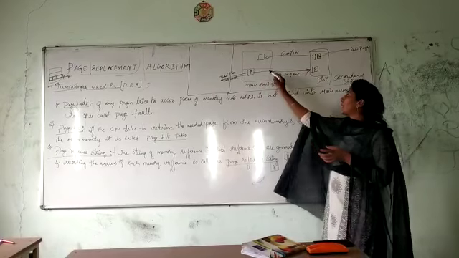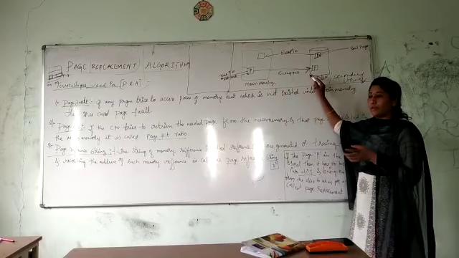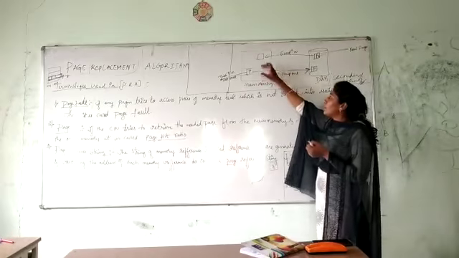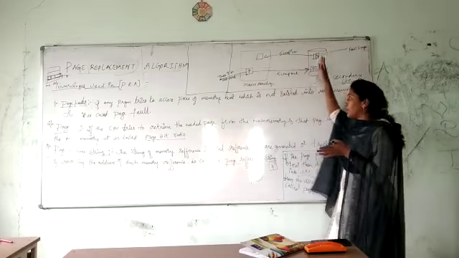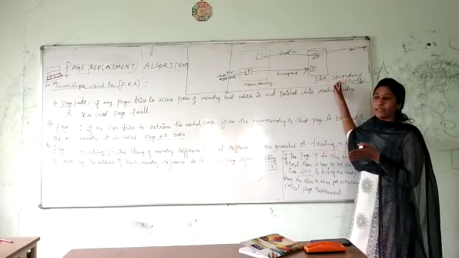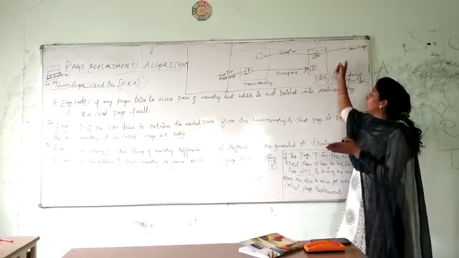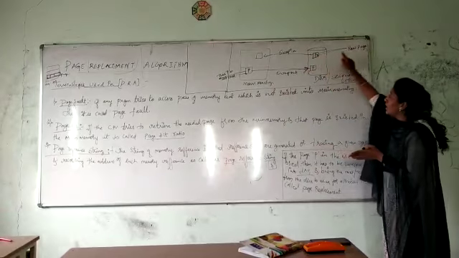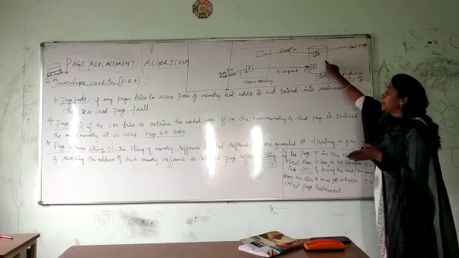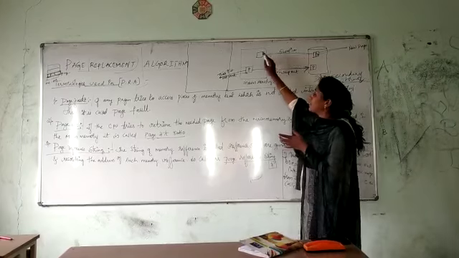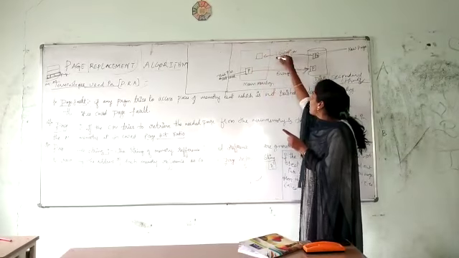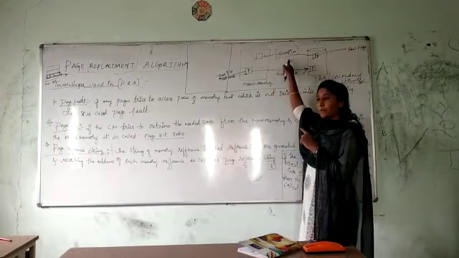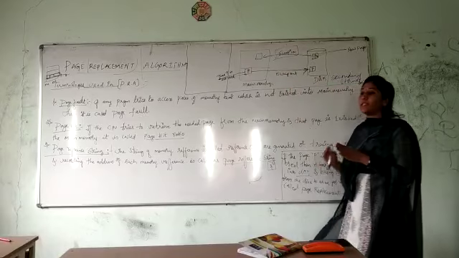That process is called swap out. Unnecessary pages in the memory are removed and placed back on the disk, and the new page is brought from the disk into the memory for execution as well as storage. This is called swapping, and this process is what we call page replacement.